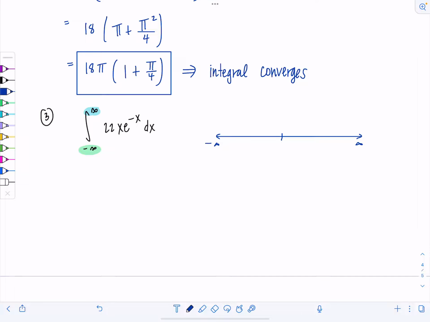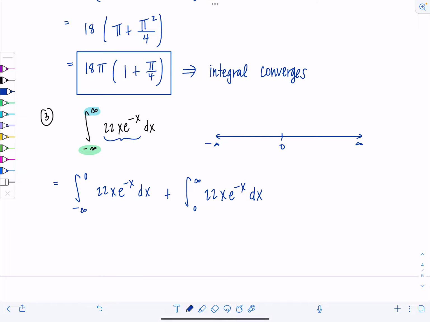Usually we pick 0, as long as it's within the domain here. So that's what we're going to do. I'm going to rewrite this as the integral from negative infinity to 0 of 22x e to the negative x dx, plus the integral from 0 to infinity of 22x e to the negative x dx.